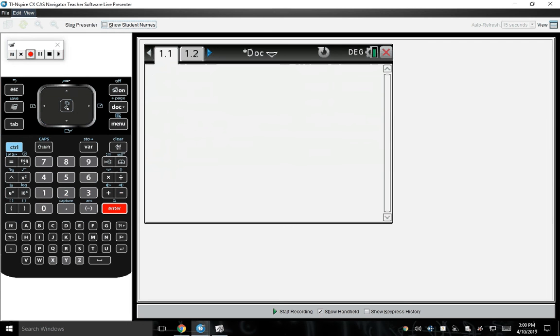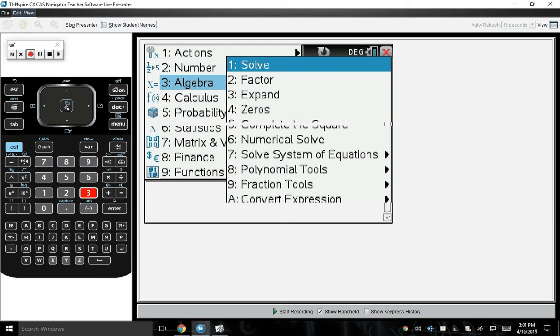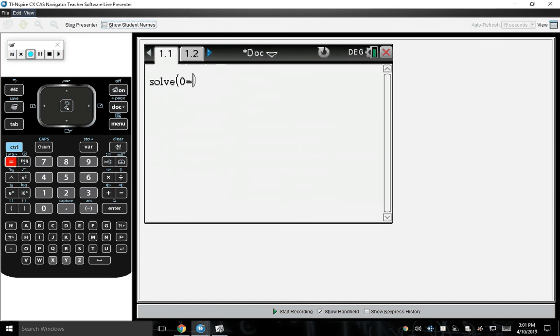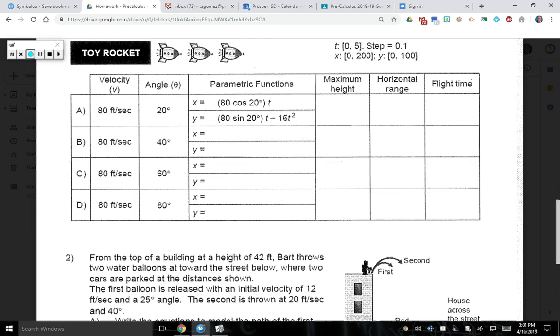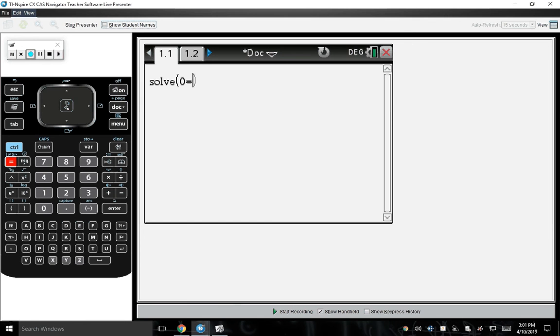And again, you can watch the video later if you need to. Okay. Here we go. Menu 3.1, we want to set 0 equal to that y function that we were looking at, which is 80 sine 20 and then minus 16. So here we go. 80 times the sine of 20 degrees times t minus 16t squared.